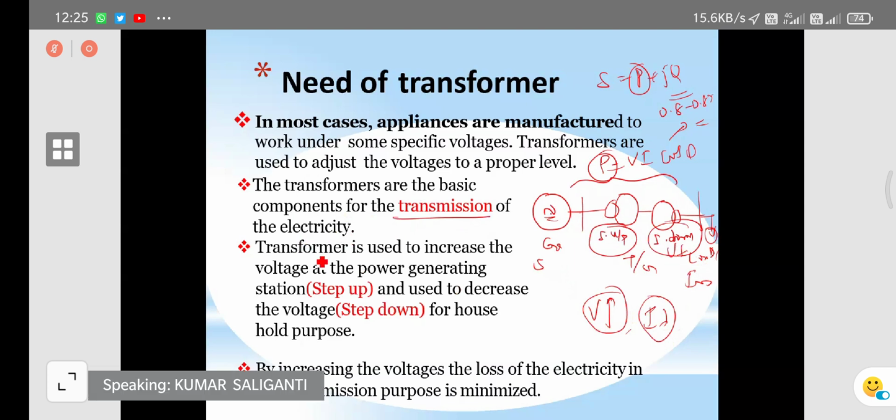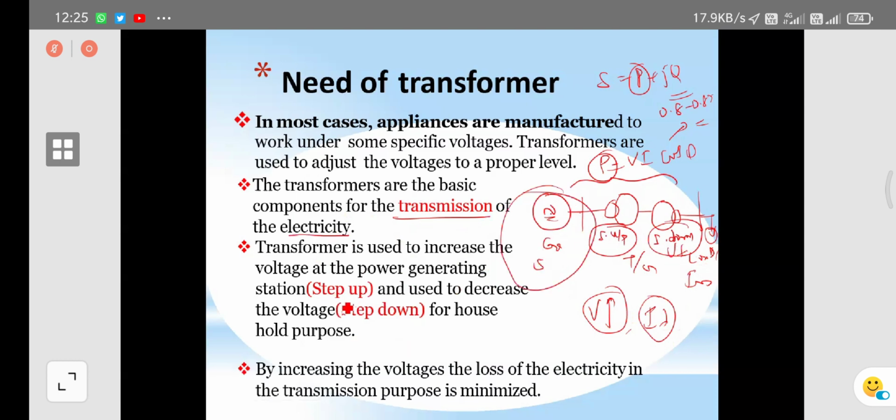The transformer is used to increase the voltage at the power generating station, that is step up, and to decrease the voltage, step down, for household or domestic purposes.